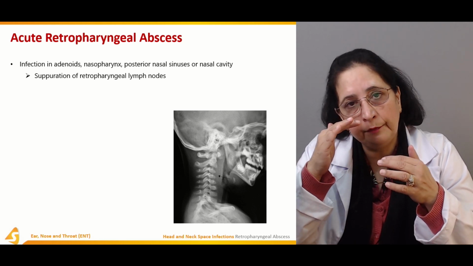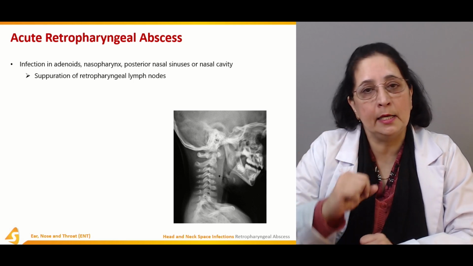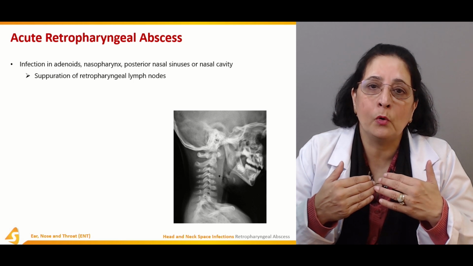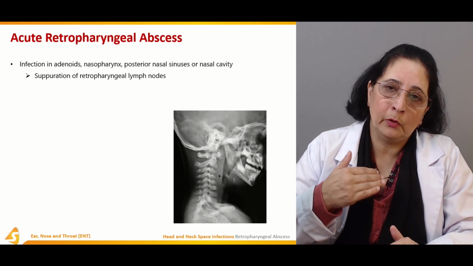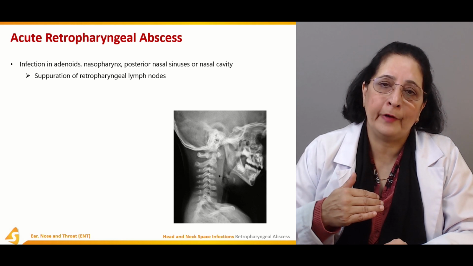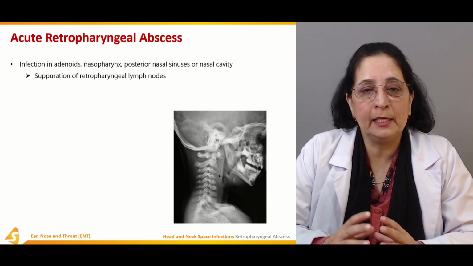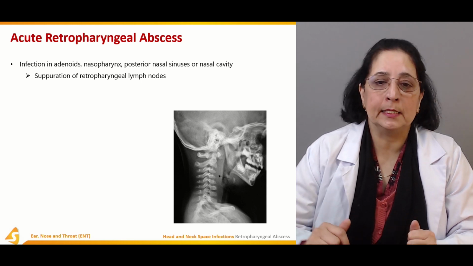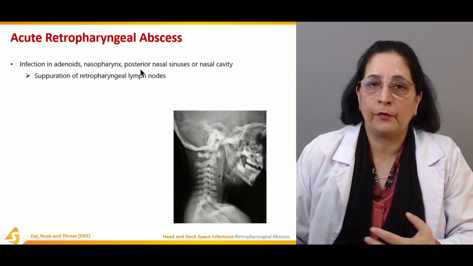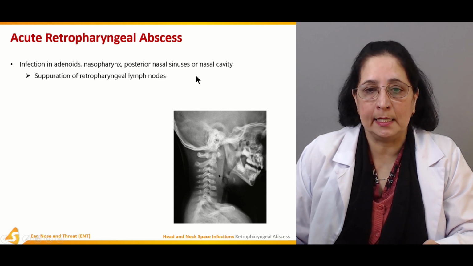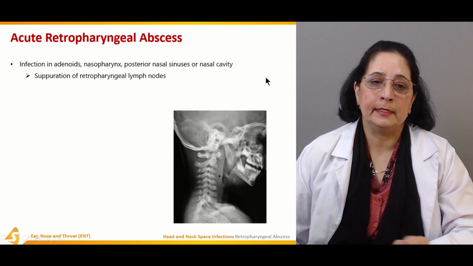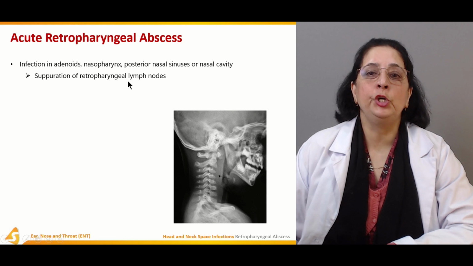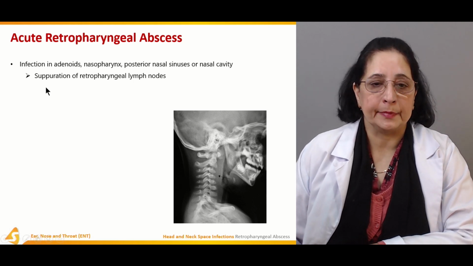The portion of the pharynx behind the nose is the nasopharynx. Then behind the oral cavity is the oropharynx, and below the oropharynx there is the hypopharynx. So infection from the nasopharynx can lead to the retropharyngeal abscess, and infection from posterior nasal sinuses or nasal cavity can also cause acute retropharyngeal abscess.